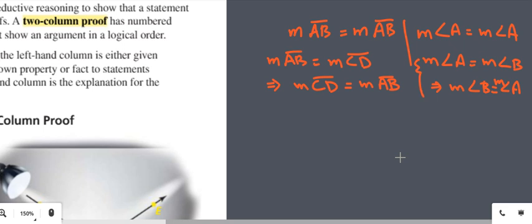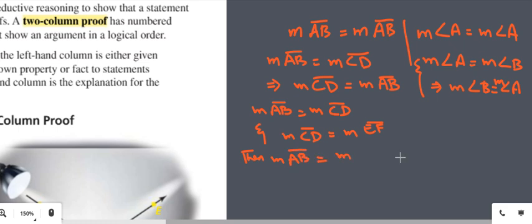Now, a very important property of line segments and angles is the transitive property. What it means: if measure AB equals measure CD and measure CD equals measure EF, then measure AB equals measure EF.